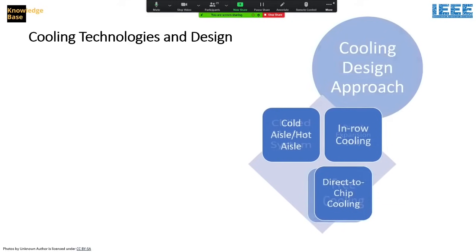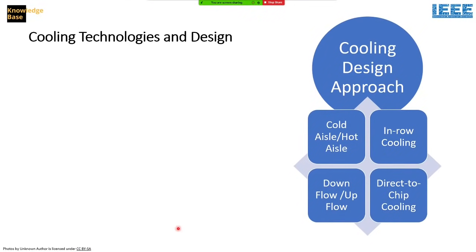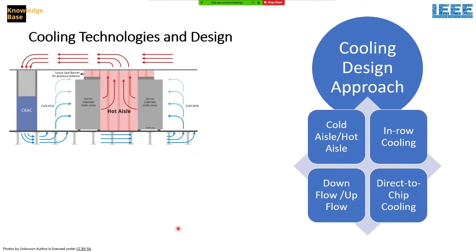Now, to bring this cooling system into the data center and supply it inside the data center, we have different ways of doing so. First one is cold or hot aisle containment. Here, what we do inside the data center is separate the zones into hot zone and cold zone.